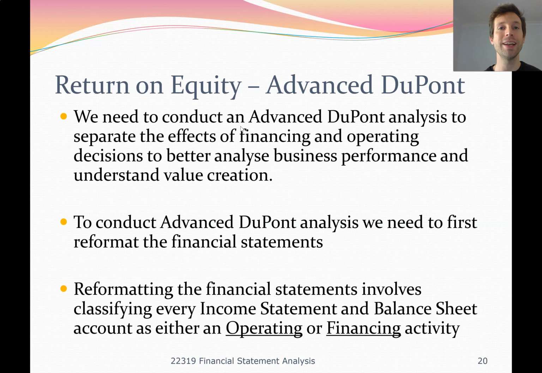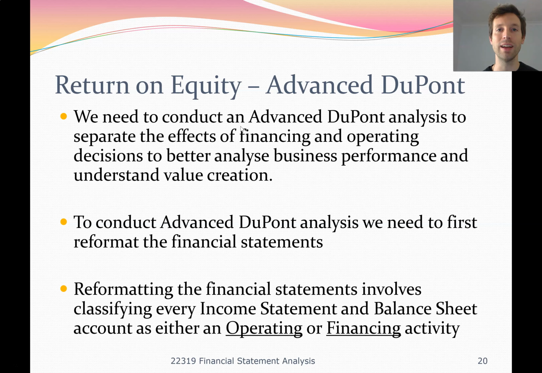So what we're going to do next week is learn about the advanced DuPont analysis. Advanced DuPont analysis allows us to break down our return on equity into the components of operating returns and financing returns. And it's going to allow us to compare the operations of different firms and really understand what's creating the value, stripping out the financing effects.